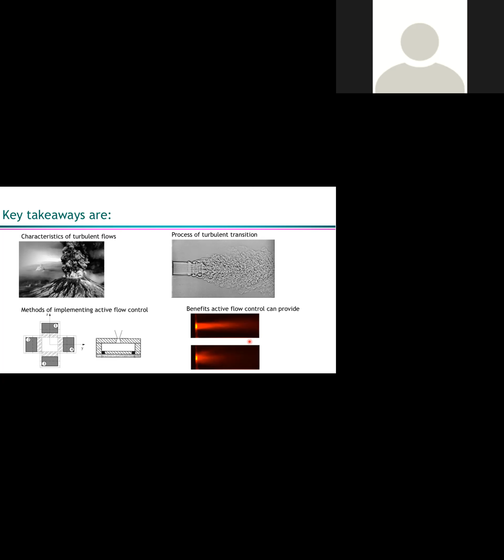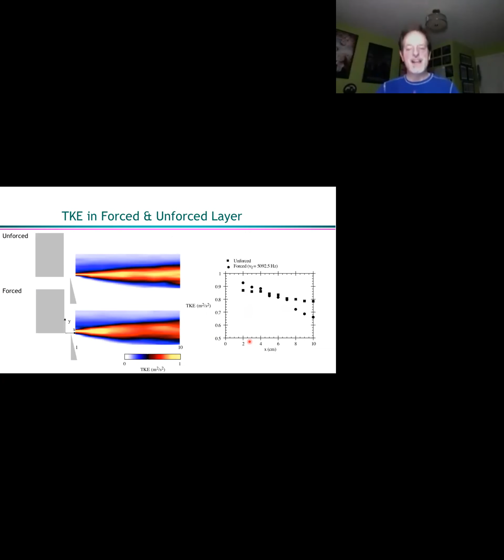So for the second experiment where you're looking at turbulent kinetic energy in forced and unforced layers, why does the heat diffuse sooner in the second one? Where does it go? It wasn't so much that the heat was diffusing, it was that the turbulent kinetic energy was turning into heat.